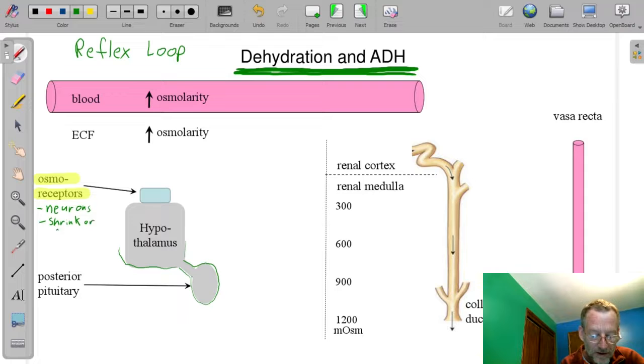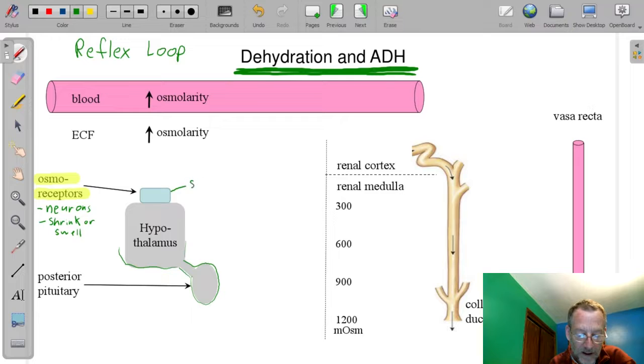When those neurons shrink or swell, it opens or closes little stretch gates on their membrane and affects their membrane polarity and their RMP. That will lead to either more action potentials or fewer.